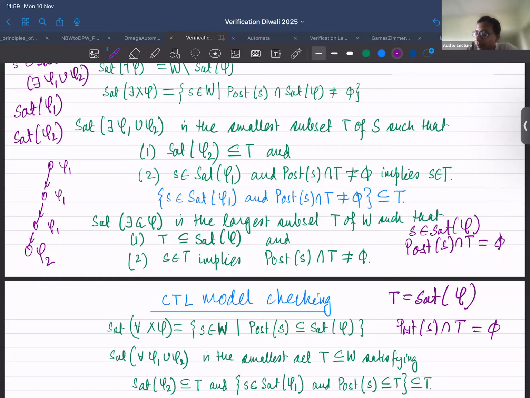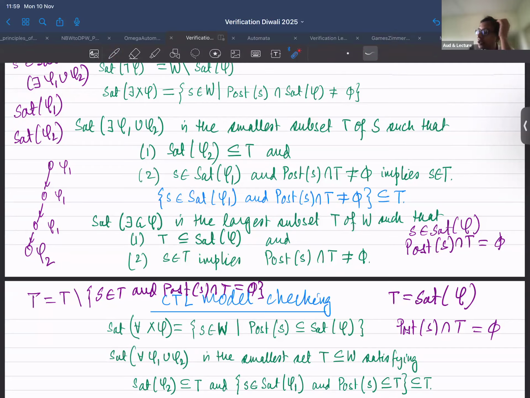Okay. So we should remove from T all such states, so S belongs to T and post S intersection T equal to empty. So we will remove such states, right? So hence we start with some large set and we are reducing things from it. We are removing things from it.